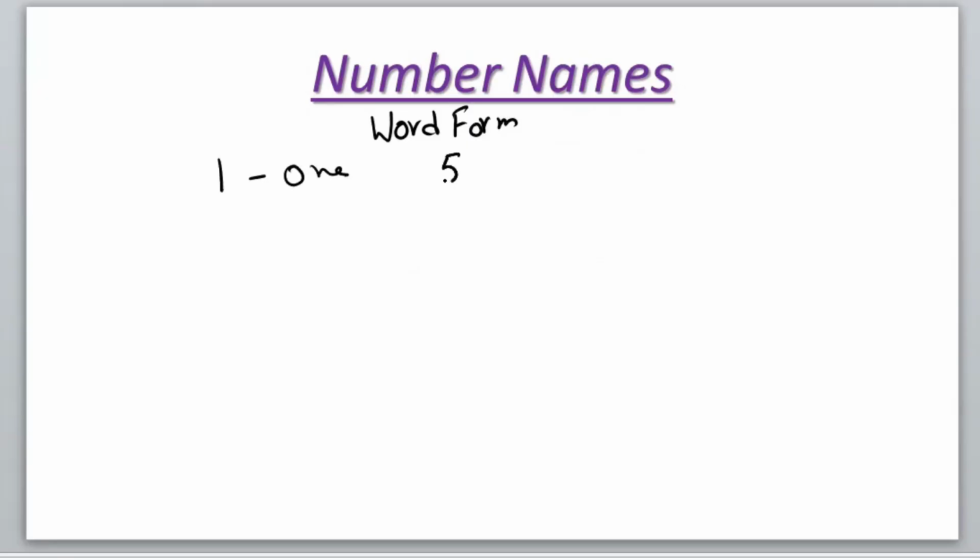If it is 5, in word form it will be five. If it is 100, it will be hundred. Small numbers till 1000 are easy, but if it's a bigger number it's difficult to write in word form.